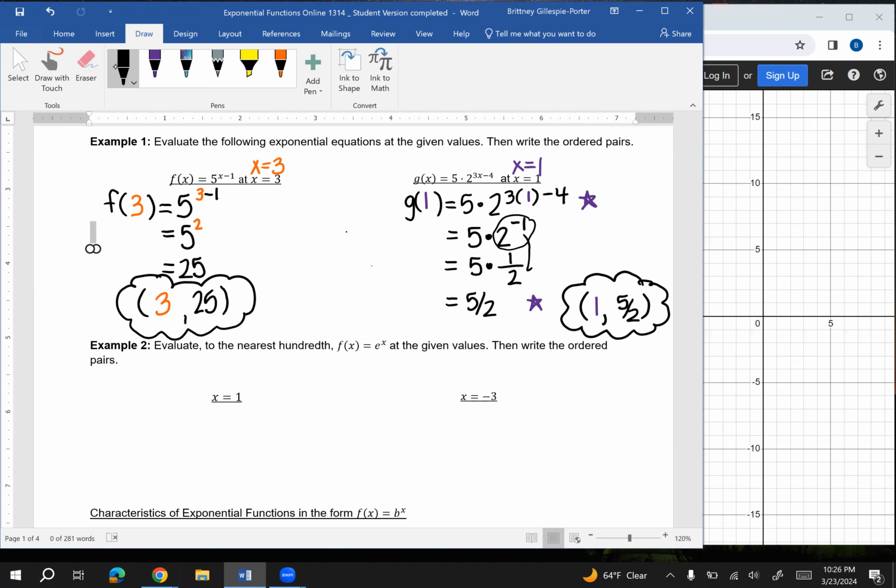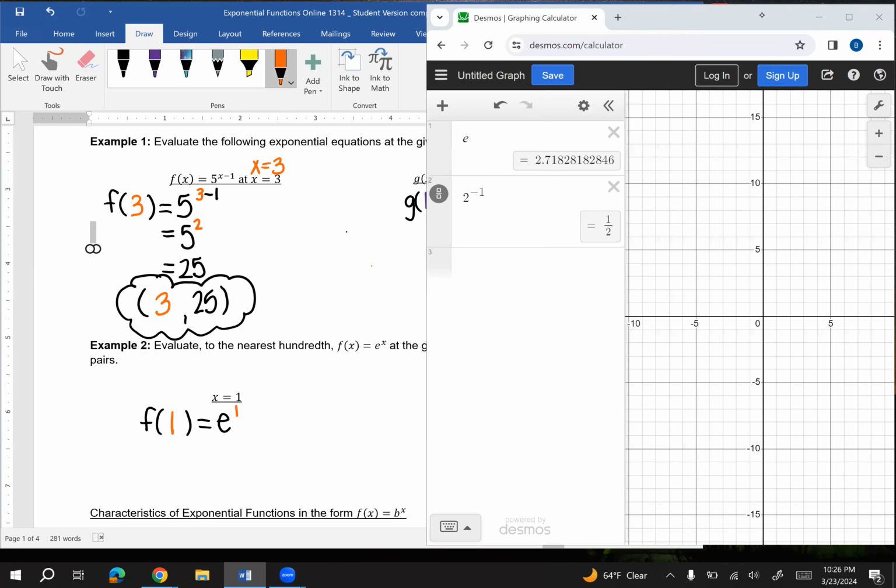Example number 2. We're looking at our natural exponential function, e to the x, and we want to evaluate e to the x at different x values. So for x equal to 1, we're looking for f of 1, which means we want e to the 1. We just did e.